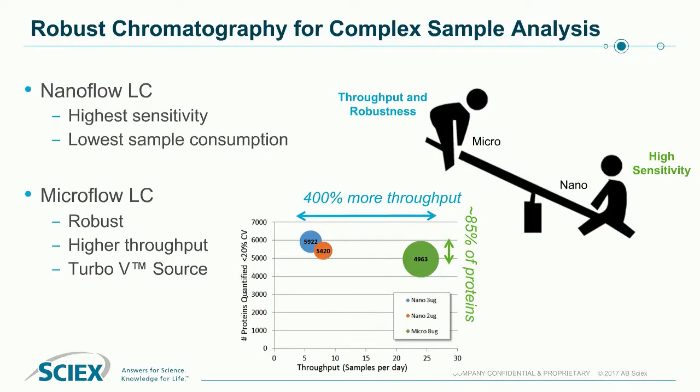The next step of this really was to improve the chromatography and robust chromatography in complex sample analysis. We know that in the nanoscale, we were able to generate data for many proteins. So we're able to identify many proteins and quantify many proteins. The challenge here is that sensitivity is what we need, but the robustness is not there. We also know that for whole cell protein analysis, samples may not be limited.